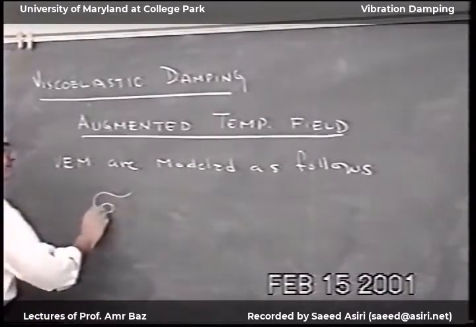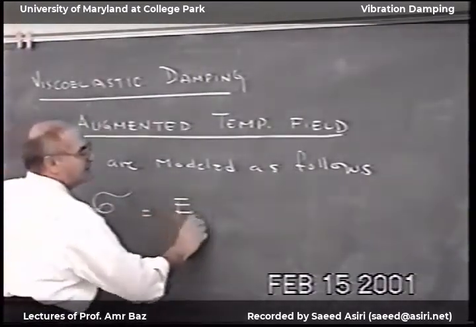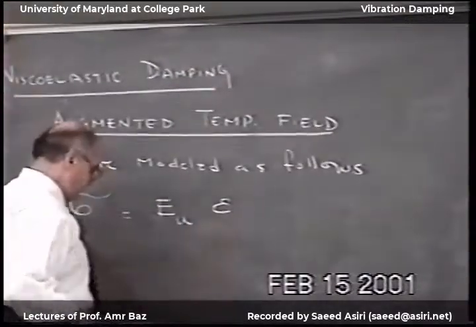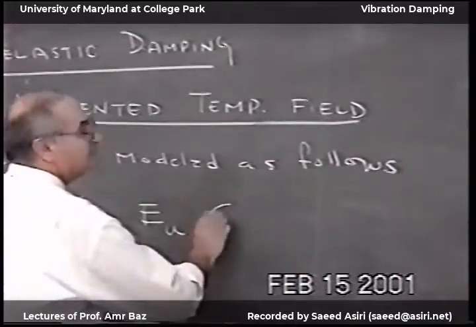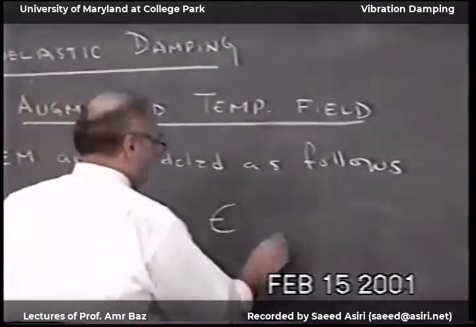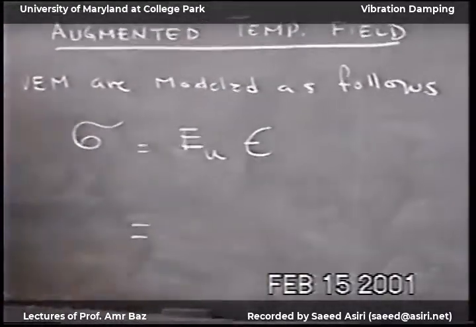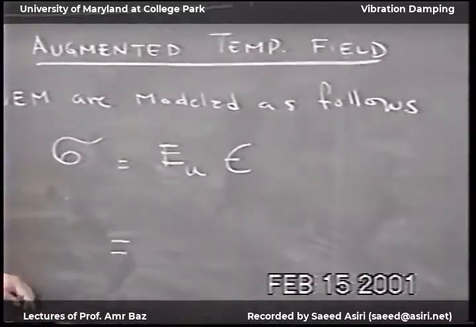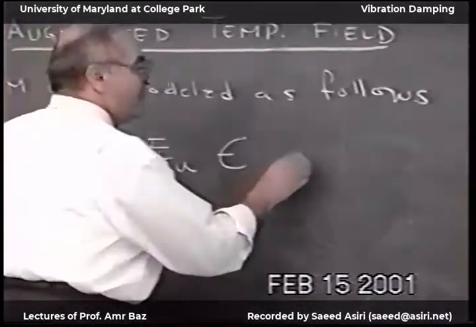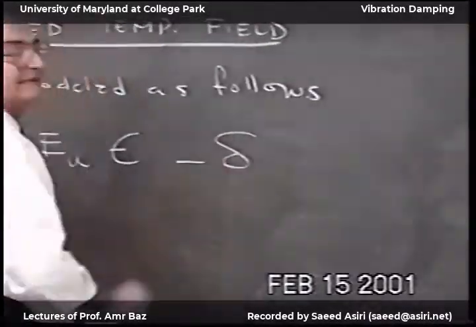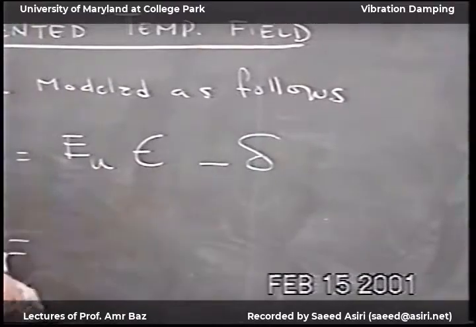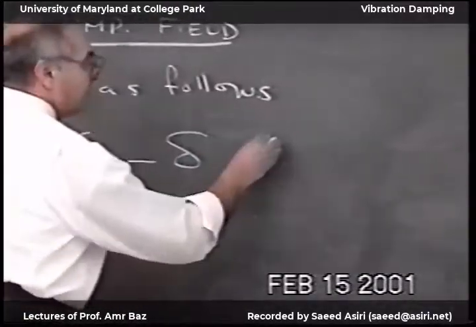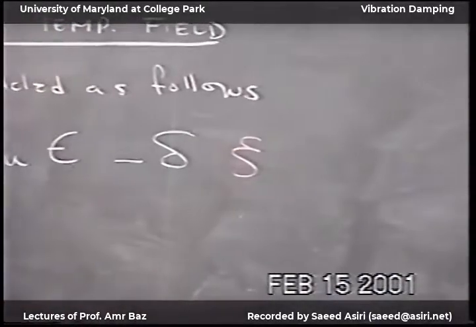Stress is equal to Young's modulus times strain. Then I will relate this material to temperature as follows. I'm going to define a variable here, delta. And then I will define the thermal field like this.